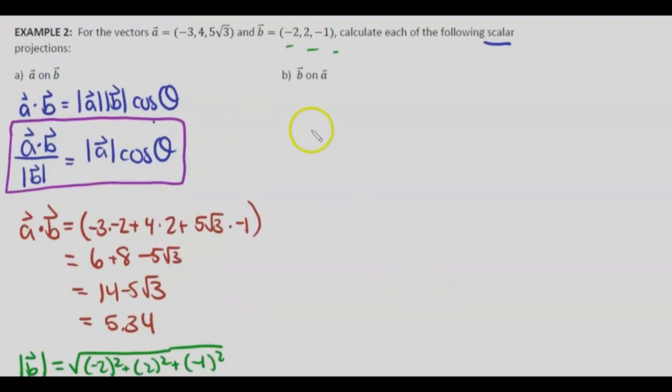Okay, so let's move on to question B. B is going to be very similar to this. Instead of magnitude of vector A cos theta, we're going to have the magnitude of vector B cos theta.